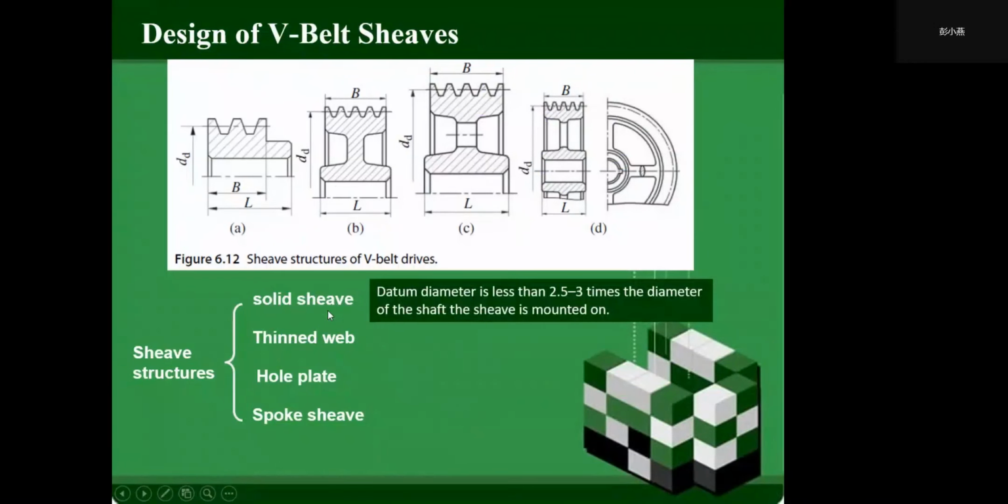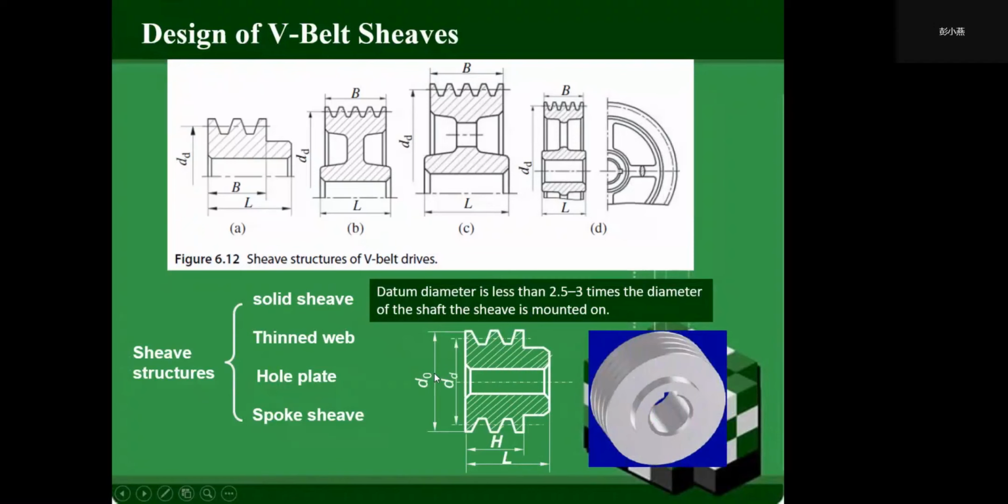For the solid sieves, it's under the condition that the datum diameter is less than 2.5 to 3 times the diameter of the shaft the sieve is mounted on, so it's suitable for small diameter sieves. And this is the solid sieve.